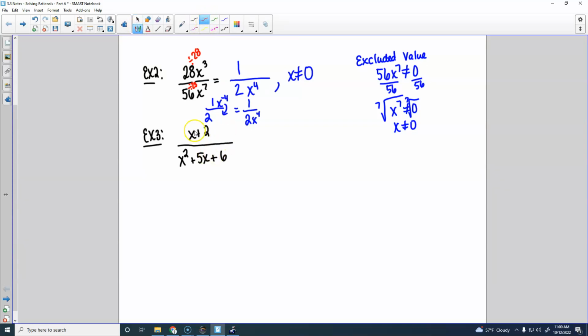They're like, oh, x here, x here. Answer is 2 over x squared plus 5 plus 6. 2 over x squared plus 11. That is wrong. Here's something else they might try.